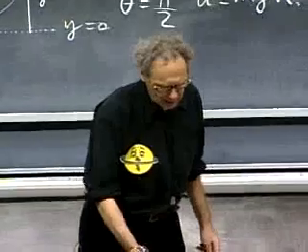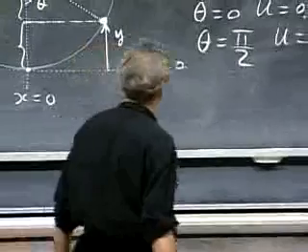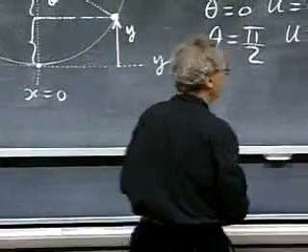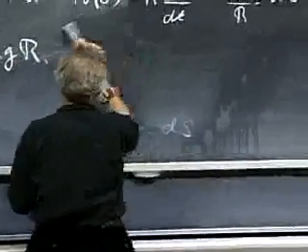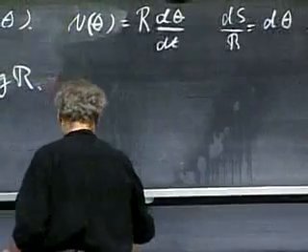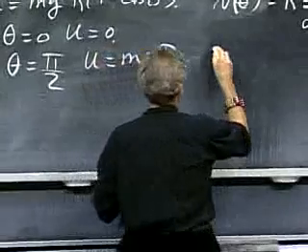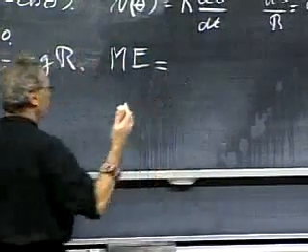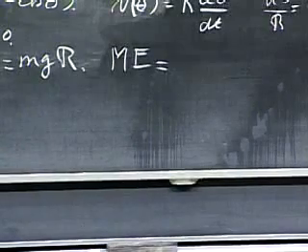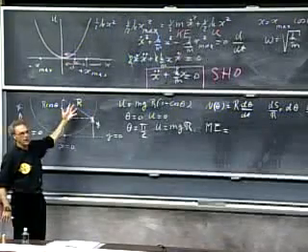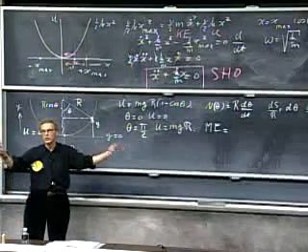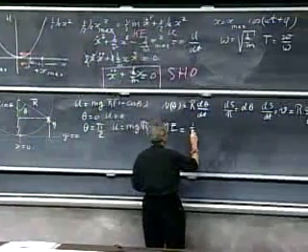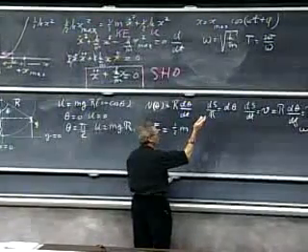So I can now apply the conservation of mechanical energy, because I know what the velocity is at any angle theta, and I know what the potential energy is. So let the total energy be just the mechanical energy, which depends on my initial conditions. Wherever I start, maybe I release it here with 0 speed, maybe I give it a little speed. It is a number. It is a constant. So that is going to be 1/2 mv squared at a random angle theta.